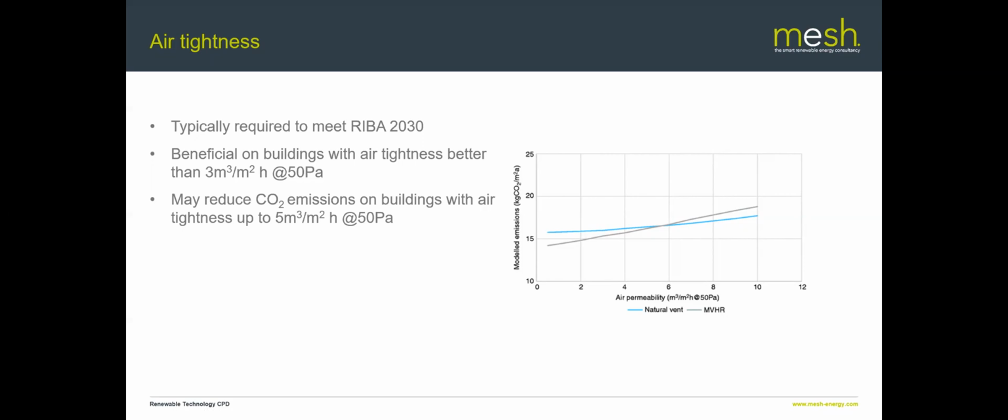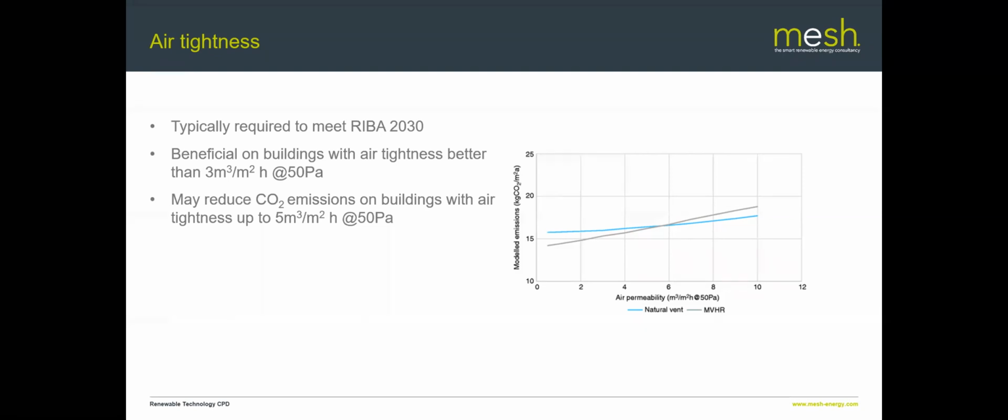And the graph on the right hand side here, which although it's probably not particularly clear, is actually taken from a scientific study where they were looking at the effect of some models of emissions from a building versus air permeability. In that case, they found that particular building came out at around 5, where the crossover was between MVHR being beneficial and being a disbenefit against natural ventilation.